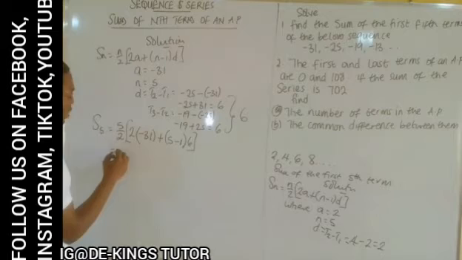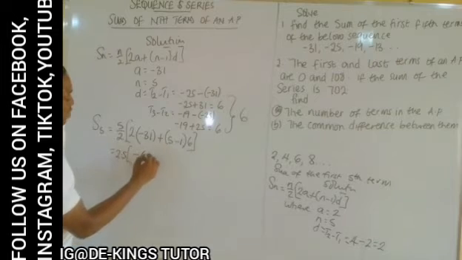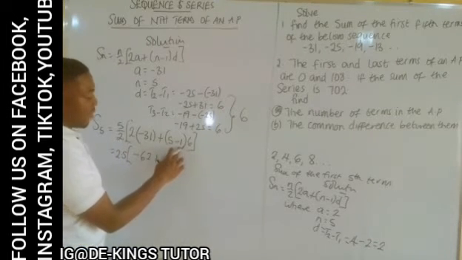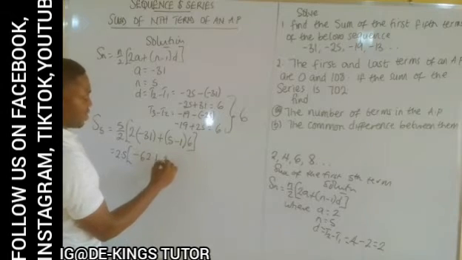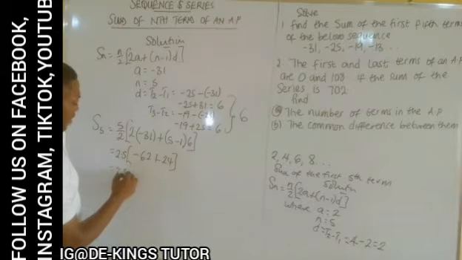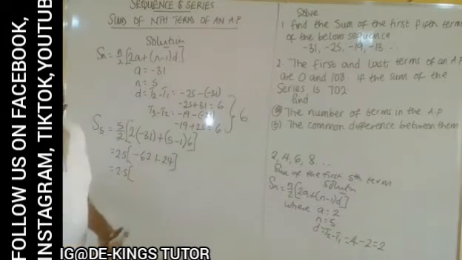So 5 divided by 2 is 2.5. So we have 2 times minus 31, that is minus 62, plus 5 minus 1, which is 4. 4 times 6 is 24. So we have 2.5 into minus 62 plus 24.